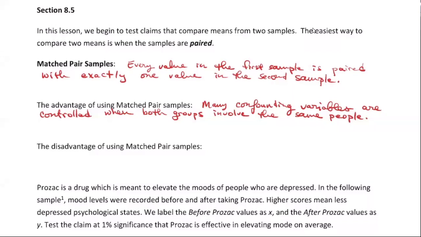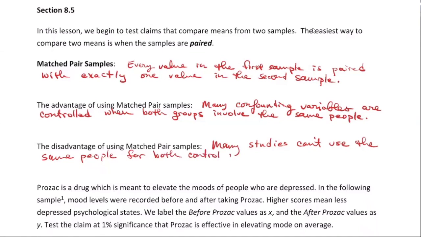Disadvantage of using matched pair samples is, I would just say, many studies can't use the same people for a control and treatment. Okay. It doesn't take much imagination.